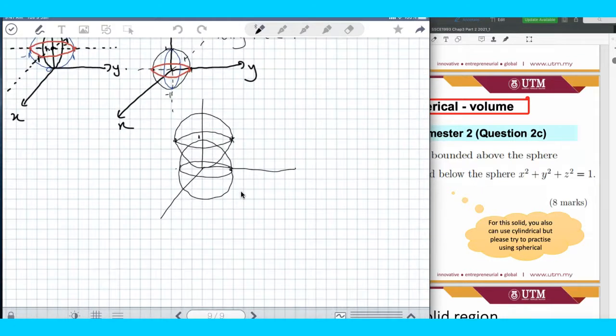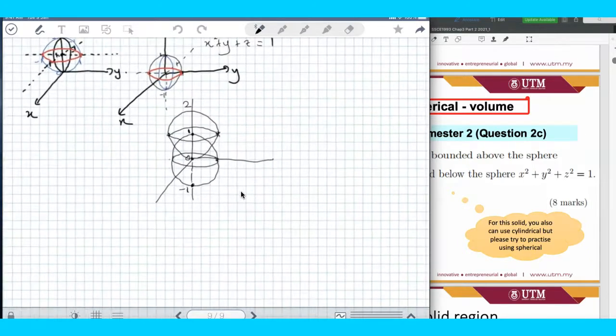So this is 2, this is 1, this one 0, and this is supposed to be minus 1.